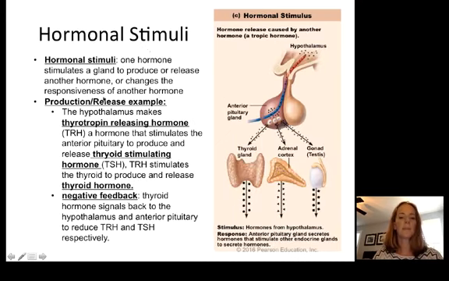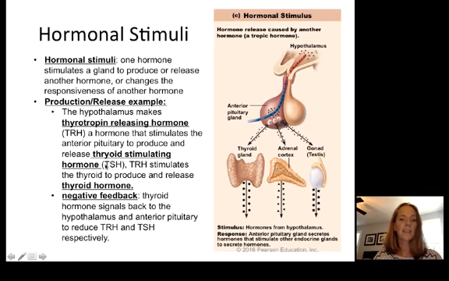For hormonal stimuli, we have several levels of glands that can cause signals to glands lower down in the chain. So we'll start with the hypothalamus, which makes something called TRH. That hormone stimulates the anterior pituitary to produce TSH.